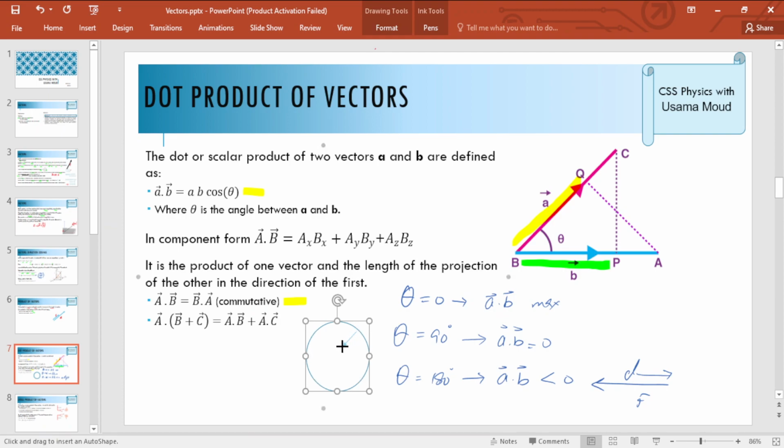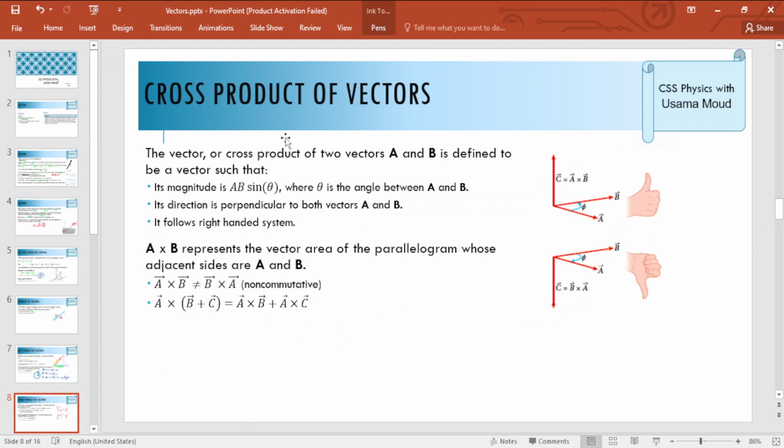In this case the displacement is always along the tangent. So we can say that this is the displacement, and this is the force, and the angle between these two is 90 degrees. So that's why the centripetal force does not do any work, because the dot product of force and displacement is 0.